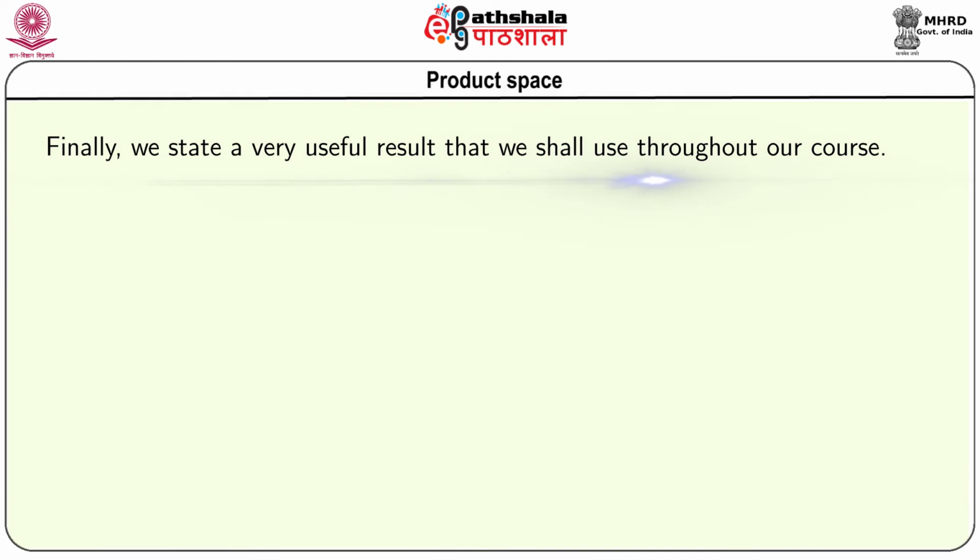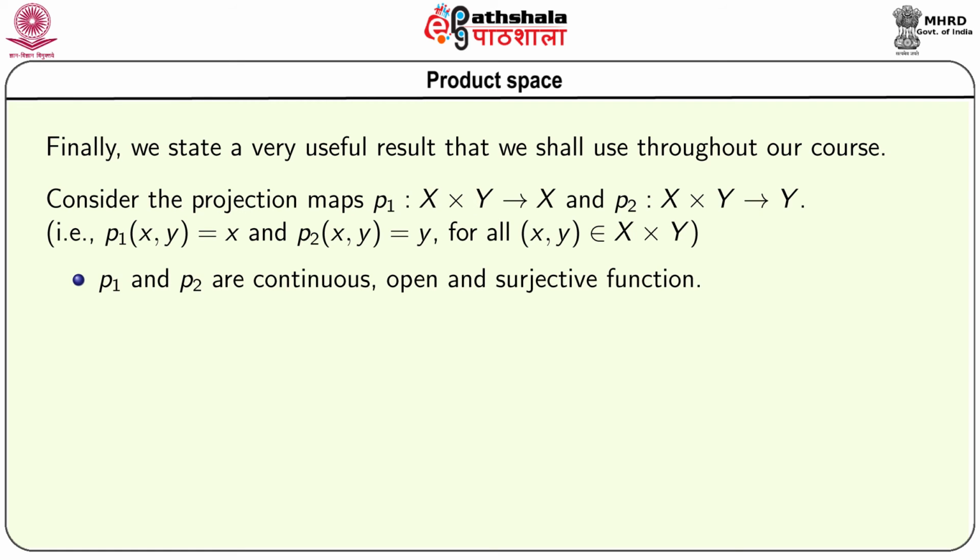Finally, we state a very useful result that we shall use throughout our course. Consider the projection maps P1 and P2. That means, we are taking the function P1 from x cross y to x, which takes the pair x y to the first component x, and the function P2 from x cross y to y, which takes the pair x y to the second component y.